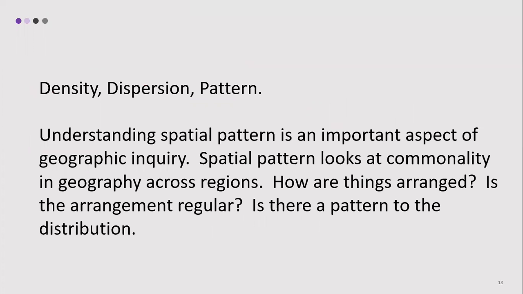Now this part we have not discussed: density, dispersion, and pattern. What are spatial density, spatial dispersion, and spatial pattern, geographical density, geographical dispersion, geographical pattern? Density, it is very simple.